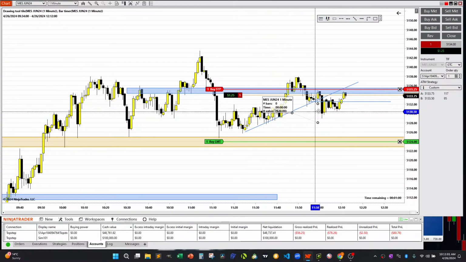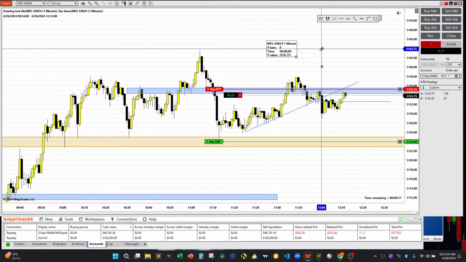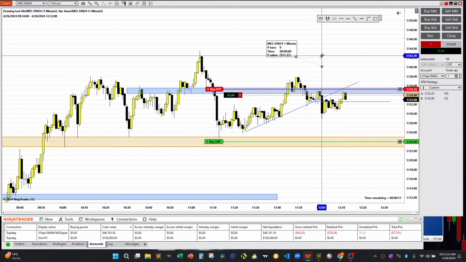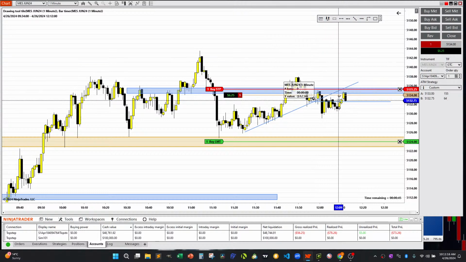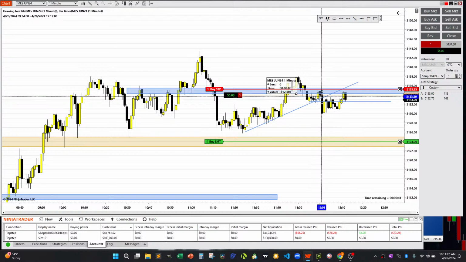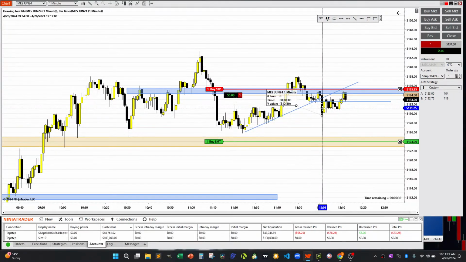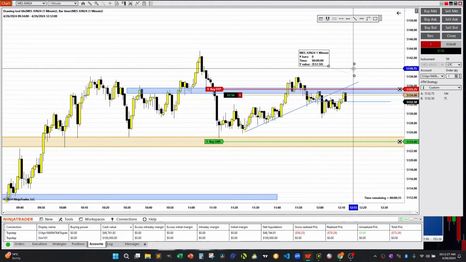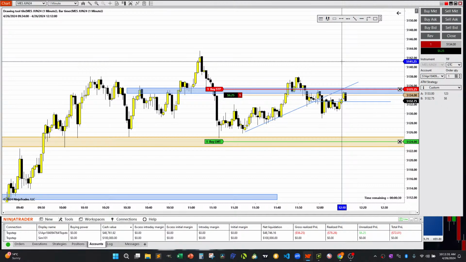I think we need like a 1.5 to 3 or 1.5 to 2. I'm gonna look at some shorter targets though as potential.